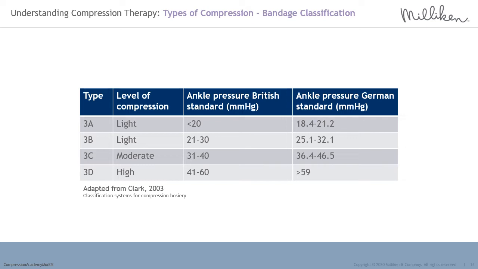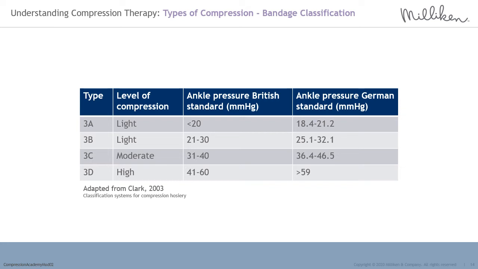Type 3C are moderate, also termed high in British standard, compression bandages and deliver ankle pressure profiles, British standard 31 to 40 and German 36.4 to 46.5 millimetres of mercury pressure.